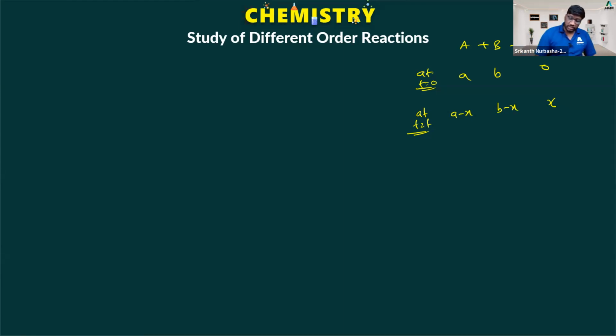Such complex questions may not be given, but you have to understand how the reaction has to be done and how the equation can be written. Anyone got the answer? a minus x, b minus x, x are the concentrations at time t.